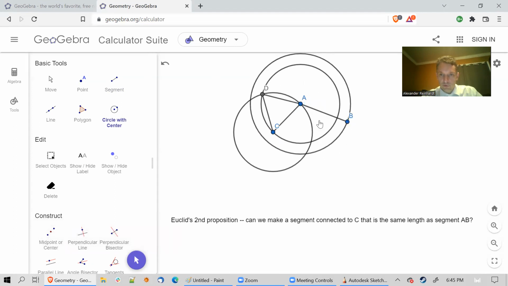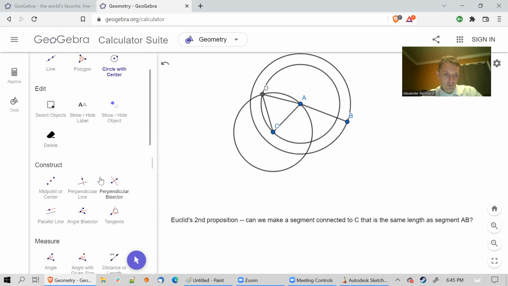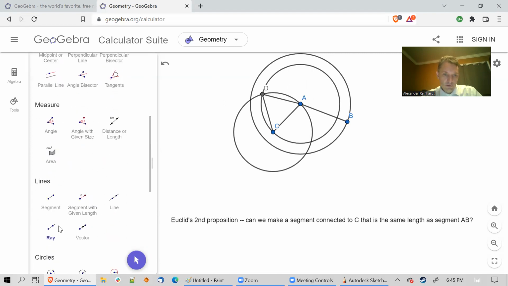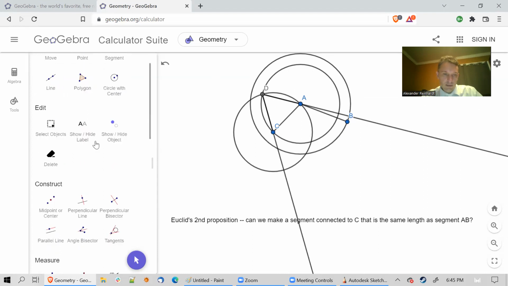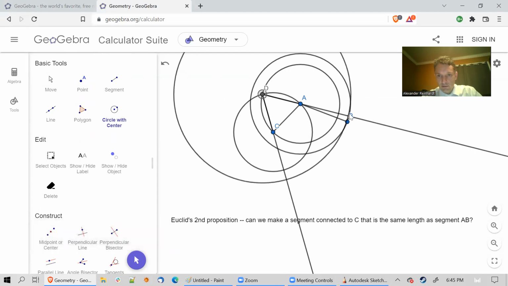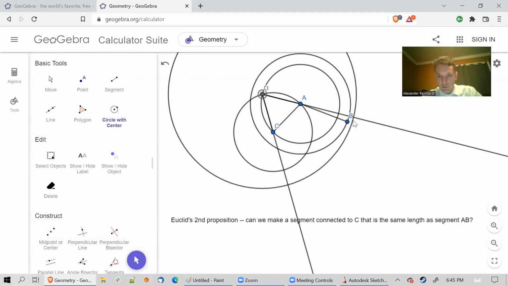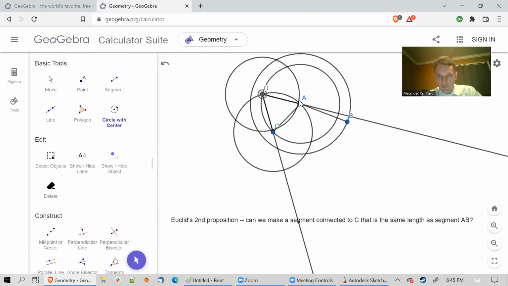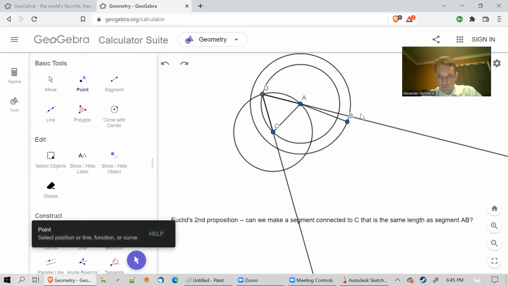Then, of course, I need some rays, getting ahead of myself, at D through A and at D through C. And then I need one more circle at D. Oh, before I can do that, I need to add a point here.